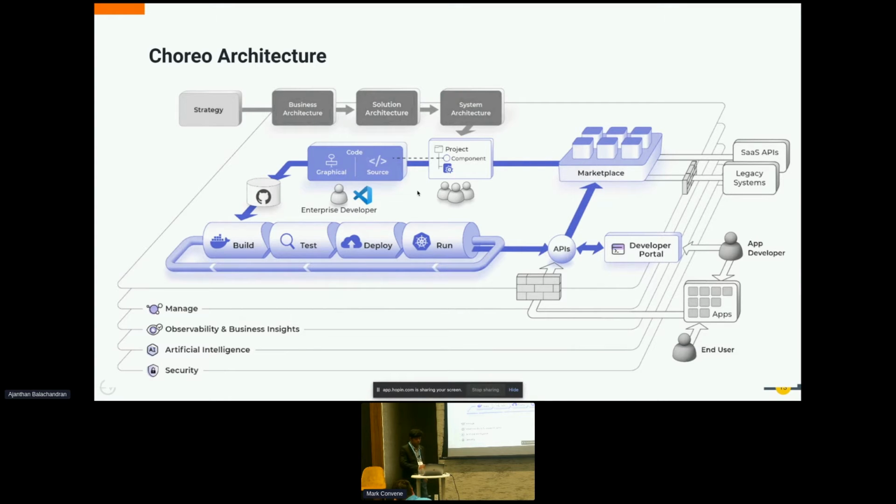In order to implement everything, other cross-cutting concerns are also taken care of by Choreo, basically managing the entire infrastructure, including security and observability. In addition to that, we also have artificial intelligence-based performance prediction. While you are developing your integration, our system will, based on the previous history, predict your performance.